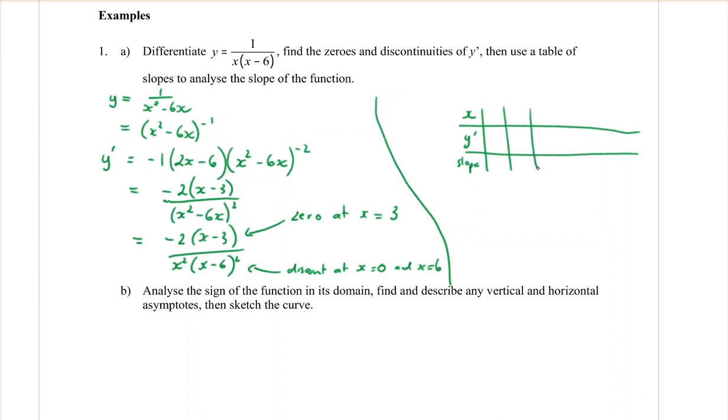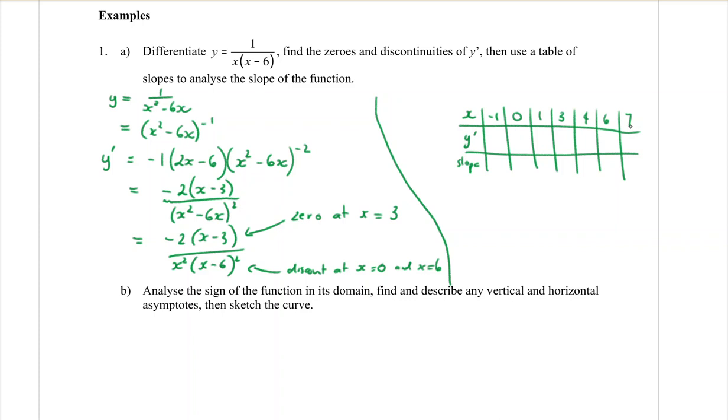The smallest value I have is 0, so space, then 0, space, then 3, space, then 6, and another space on the end. And I need to test points in between. So I'm going to choose -1 for the left of 0, 1 to the right of 0, between 3 and 6 I'll choose 4, and above 6 I'll choose 7.